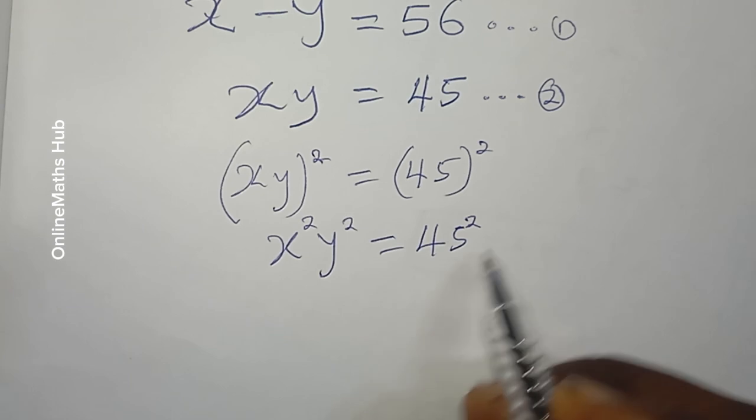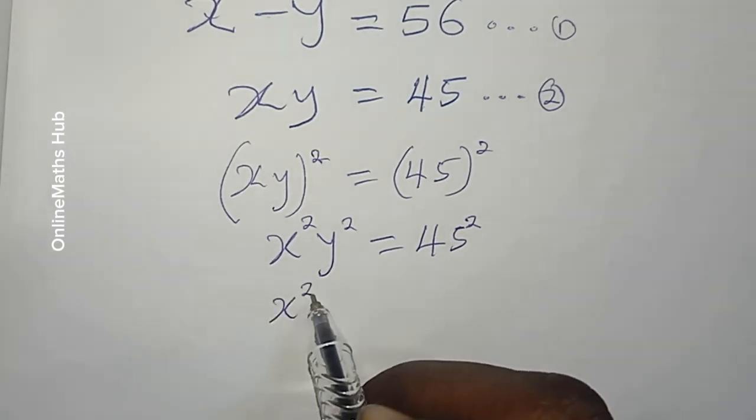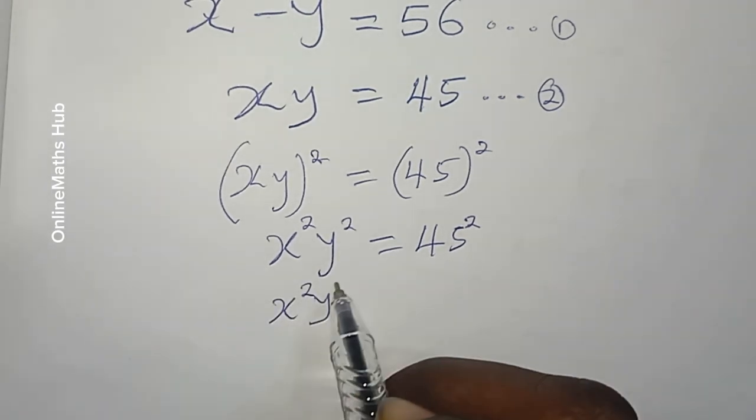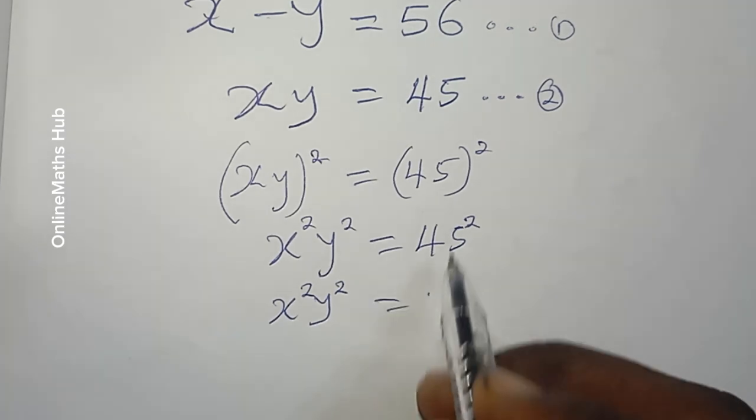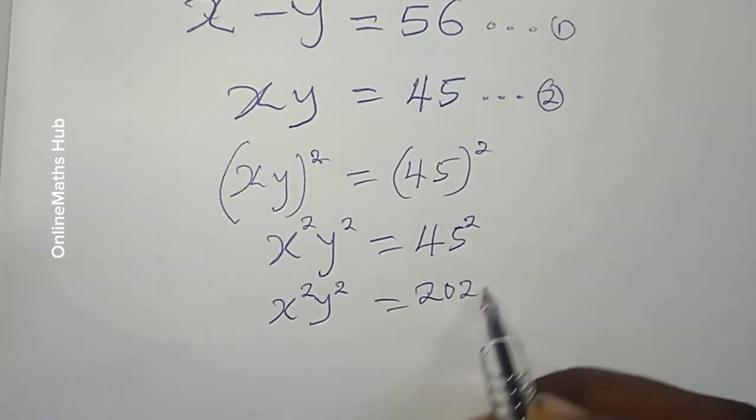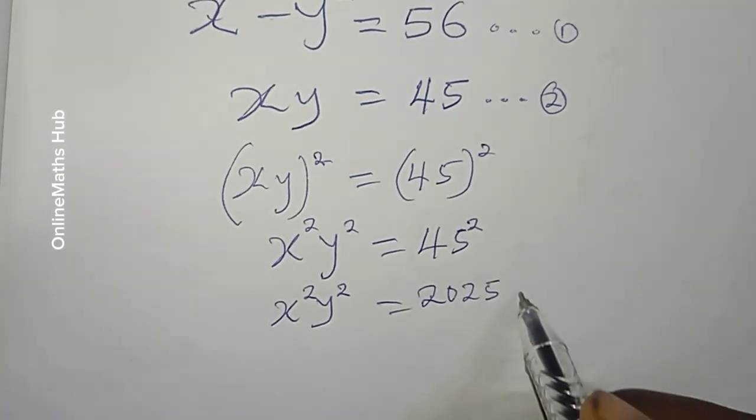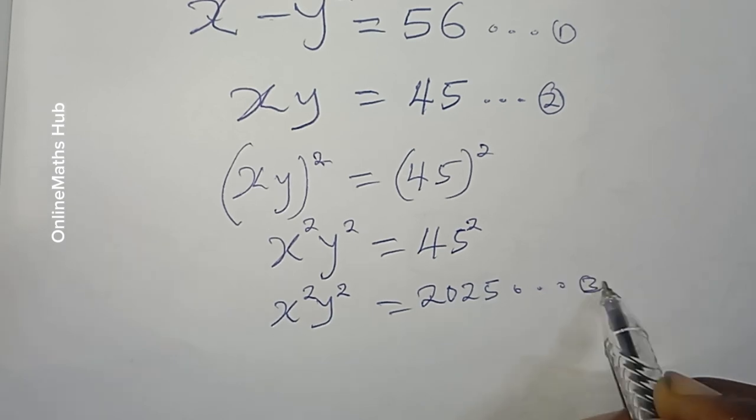You may want to go ahead and evaluate this 45 squared. So we now have x squared y squared equal to 2025. We can call this equation 3.